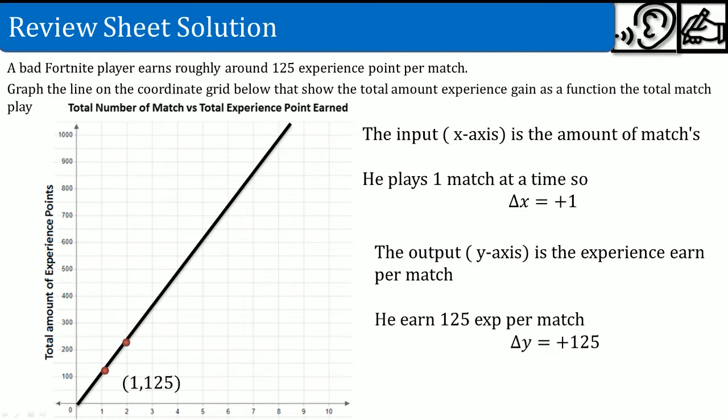So 2 would be at 2 matches, and the total would be 250. 3 would be 3 and 375, and 4 would be 4, 500. Notice this has a constant linear growth, which is a linear equation. So this would be the graph that describes how much the Fortnite player earns in experience per match.